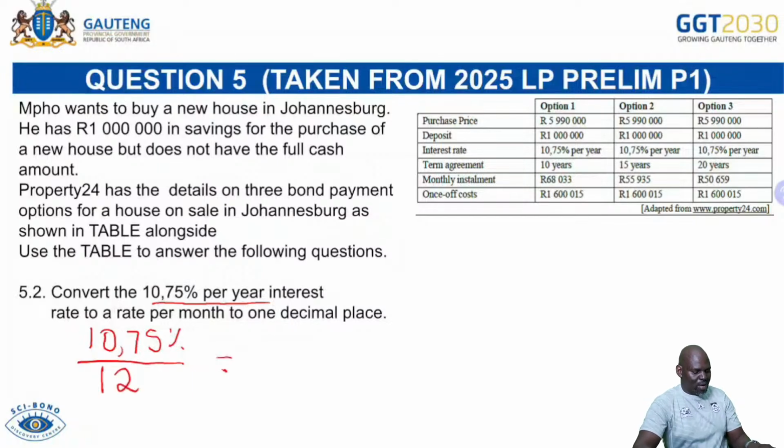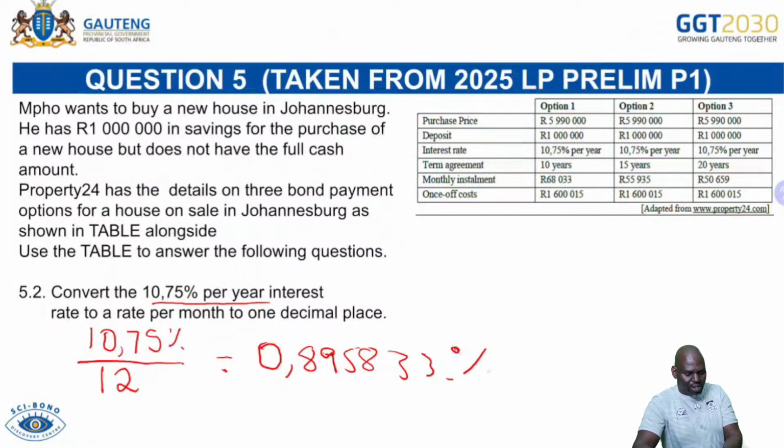If I take my calculator, 10.75 divided by 12, I'm getting 0.0895833 and so on.